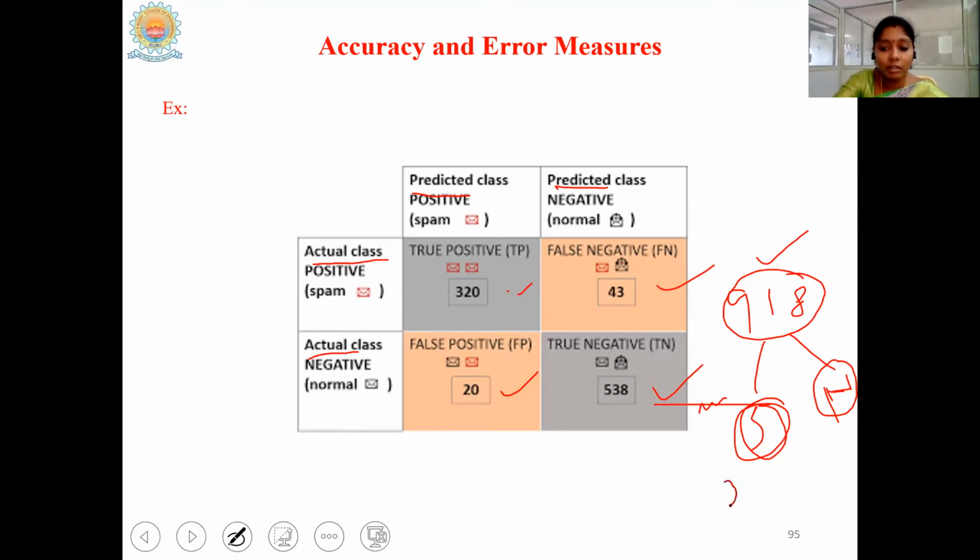So from the table, I can say there are 320 positive classes. How many negative classes do I have in the original data? Here you can find actual negatives.